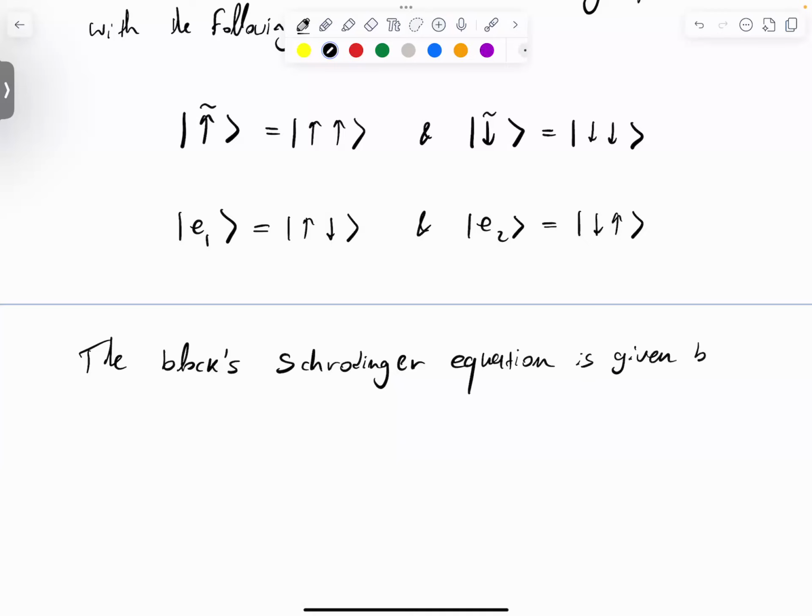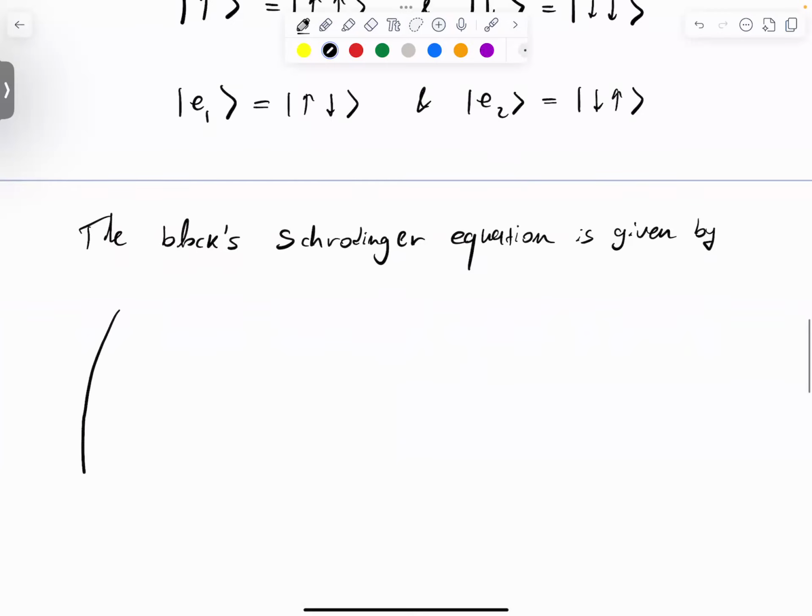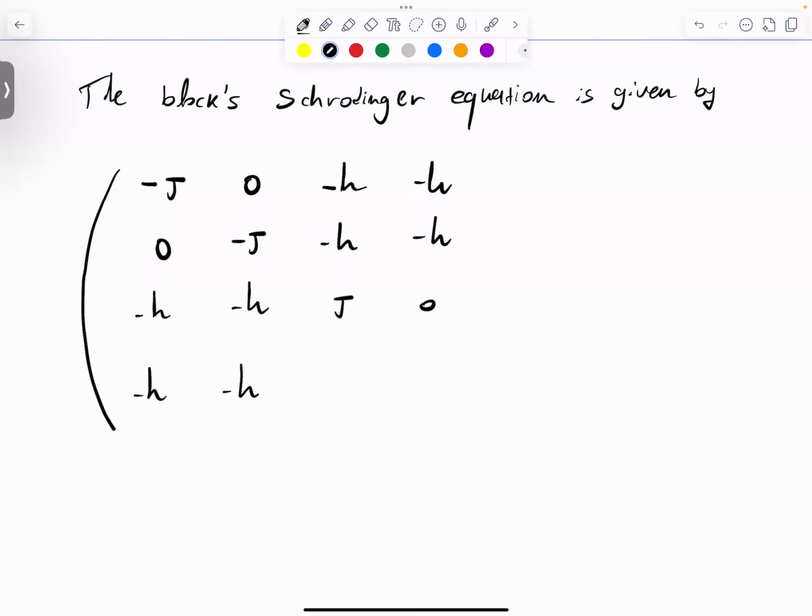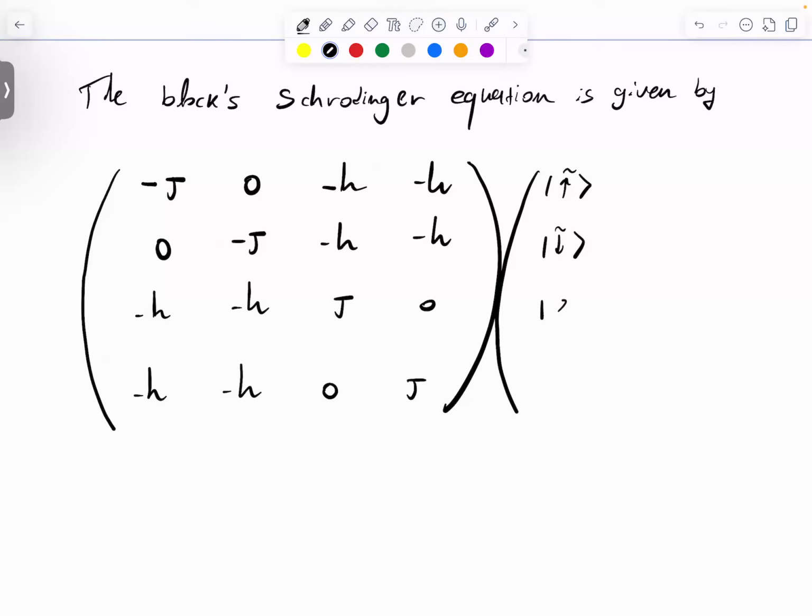It is given by this matrix: minus J, 0, minus H, minus H; 0, minus J, minus H, minus H; minus H, minus H, J, 0; minus H, minus H, 0, J. This acts on up tilde, down tilde, E1, E2.